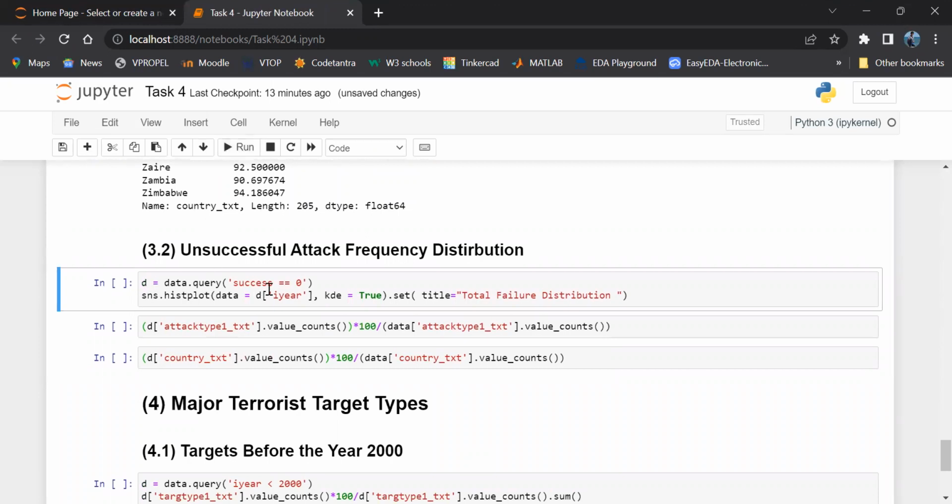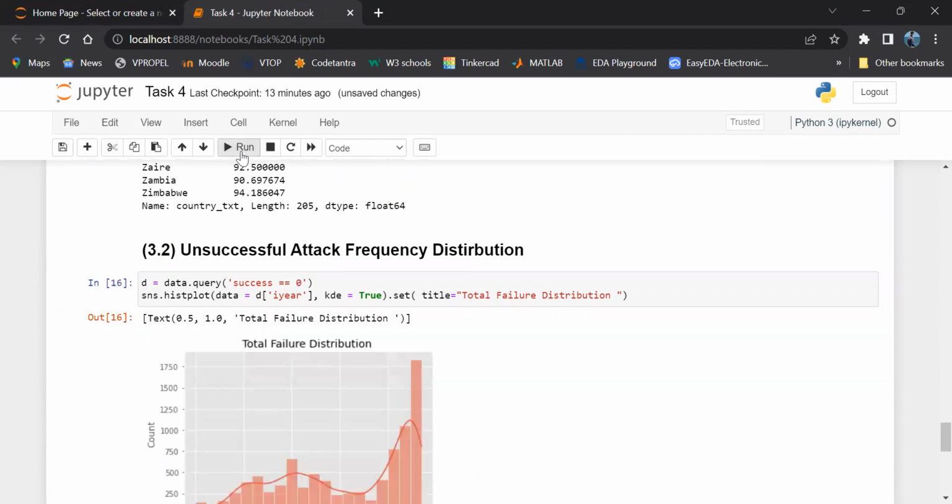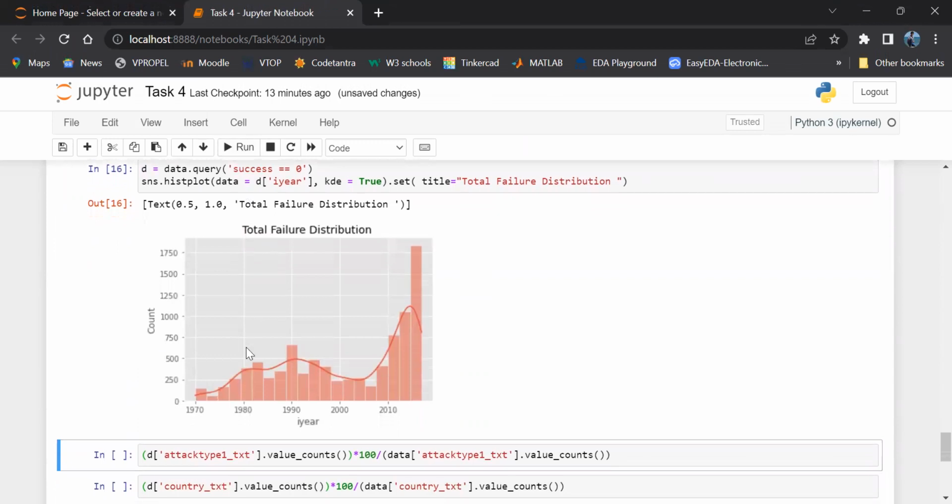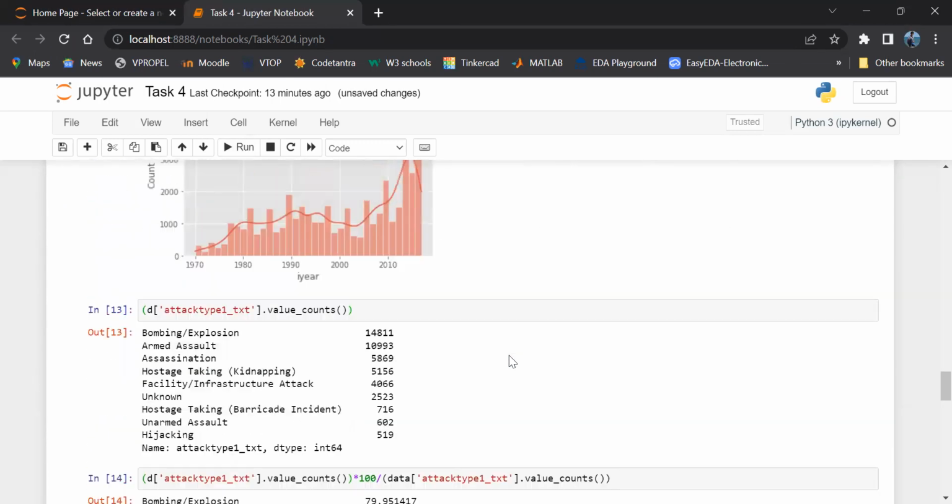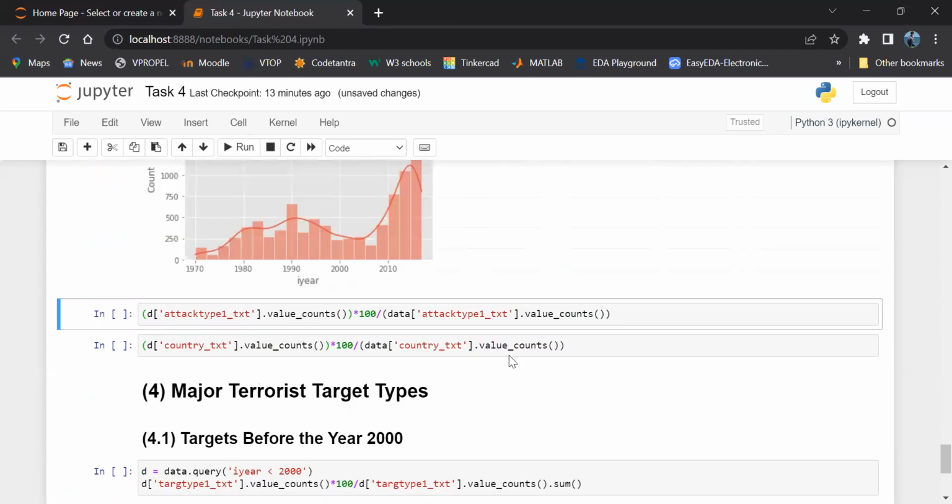I'm filtering this data using the query command, setting success, which is the column name, equal to 0. So this will filter all the rows where the success value is 0. So let's run this. This distribution is also similar to the previous success distribution.